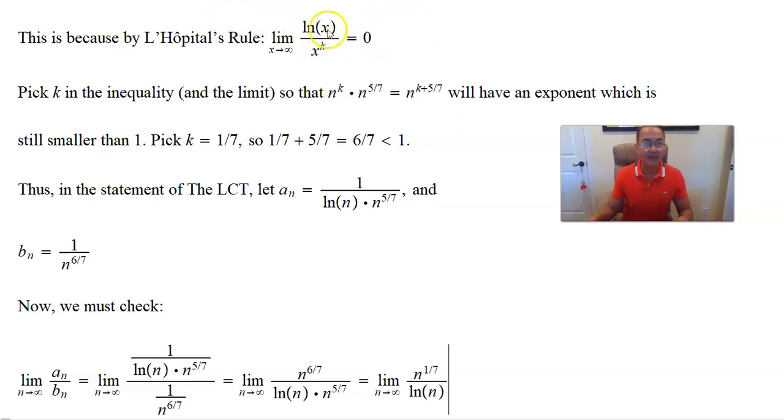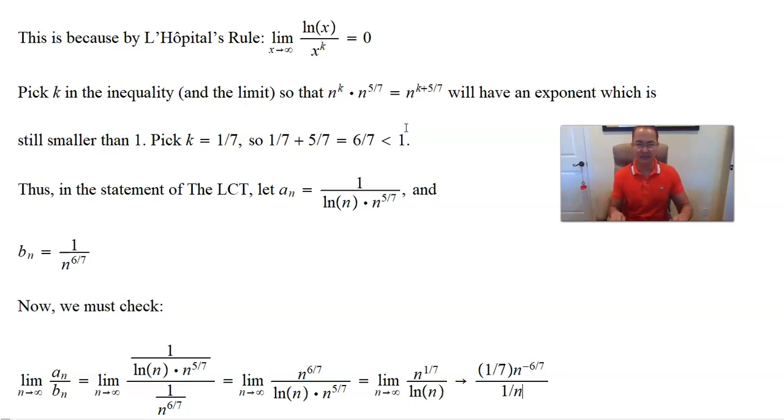Before, we were going to get 0. I wonder what we're going to get now that it's flipped. According to L'Hopital's rule, we need the derivative of n to the 1 over 7. By the power rule, we'll have 1 over 7 times n to the power 1 over 7 minus 1, which is negative 6 over 7. And the derivative of ln of n is 1 over n. By the way, if the n bothers you, just pretend it's x and write down n whenever you say x.